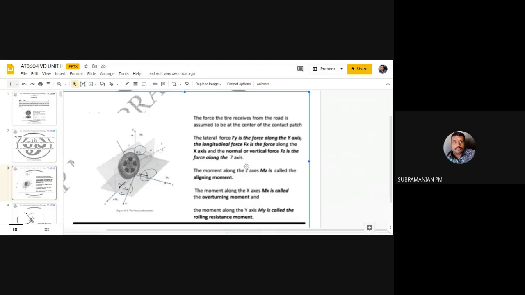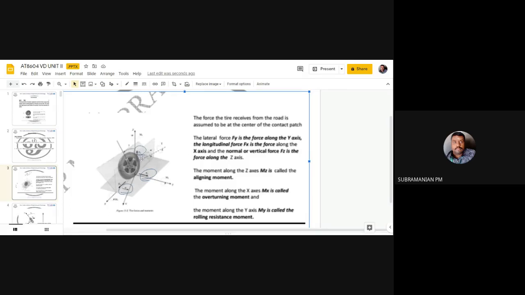It is a lateral force, whereas Fx is the force acting along the x direction, that is a longitudinal force. And now Fz, what is the meaning? Fx longitudinal, Fy lateral, and Fz we can call the normal or vertical force.